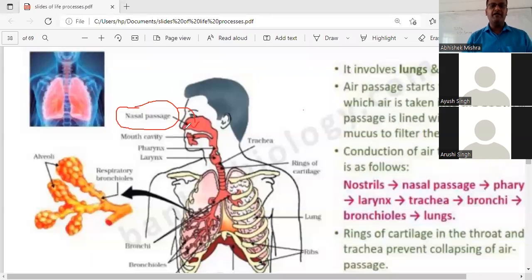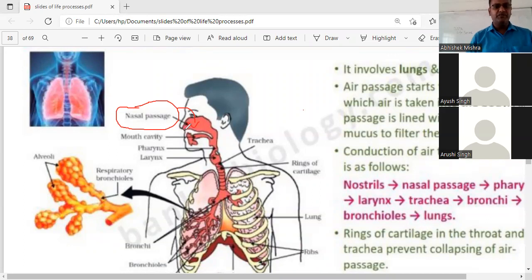Why is it lined with fine hair and mucus? When we are respiring, students, it is not the case that only the respiratory gases go inside our nasal passage. Dust particles also come along with it. And you will notice that intermittently in our nasal passage, materials get accumulated along with the mucus.